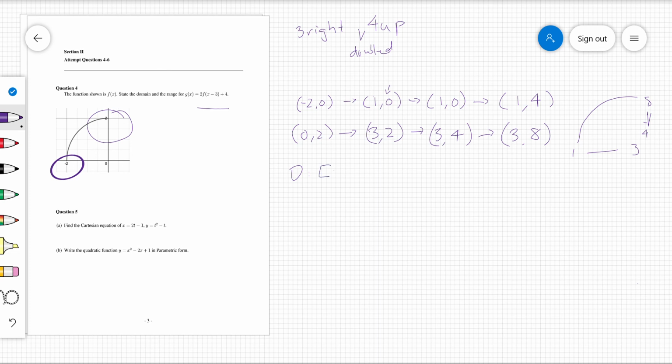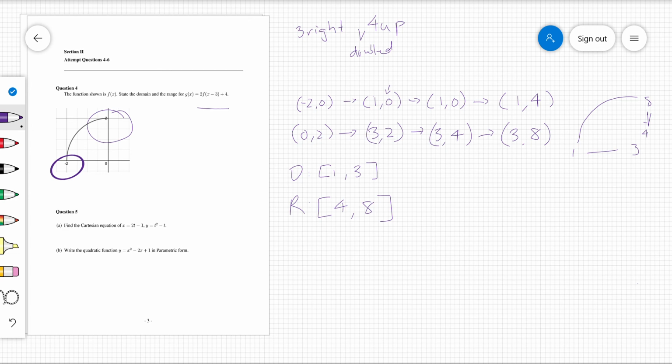And my range is going from 4, including 4, up to 8. There we go. You could say domain is all real x, x is between and equal to 1 and 3, and range would be all real y, y is between and equal to 4 and 8 as well.